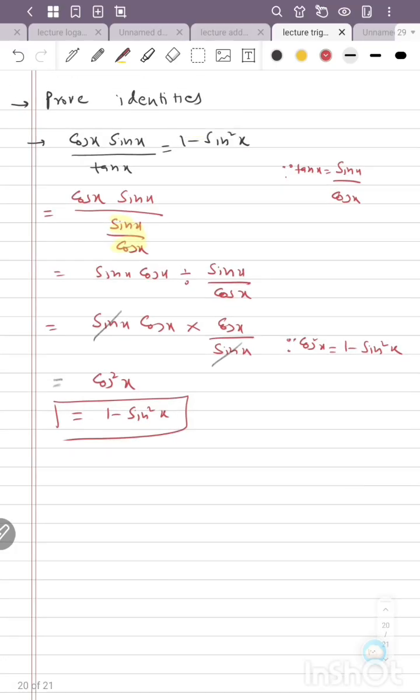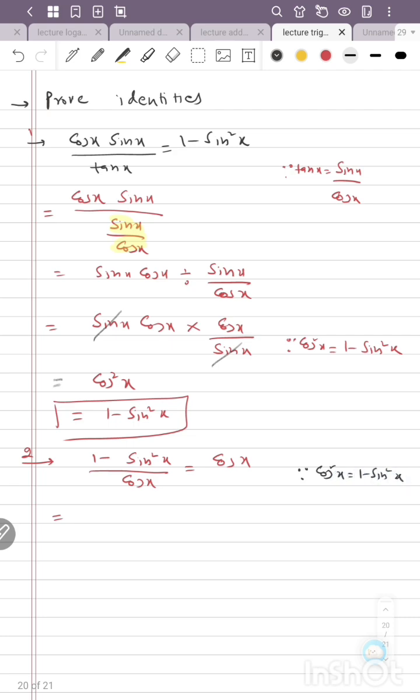We will start our second part, the B part. This is the first part, this is the second part. The second part is 1 minus sine square x divided by cos x, and it will be cos x. Very simple. Here we write the formula: cos square x equals 1 minus sine square x.